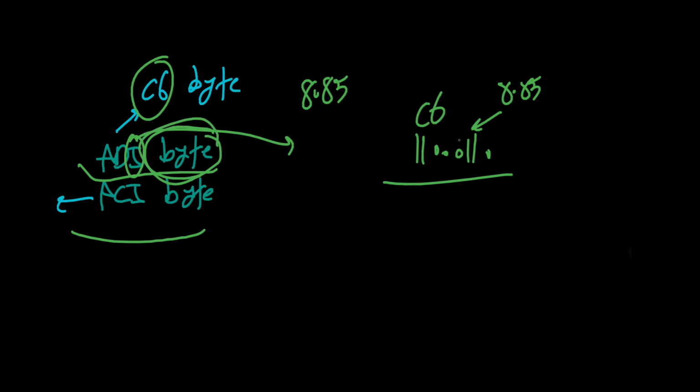Let's say that what we have written as our instruction would be this, 1 0 0 1 1 1 0 0. So this just means 9, and this is C. This means that I want the content of the A register to be added to the value 9C, and the result should be put inside the A register again.